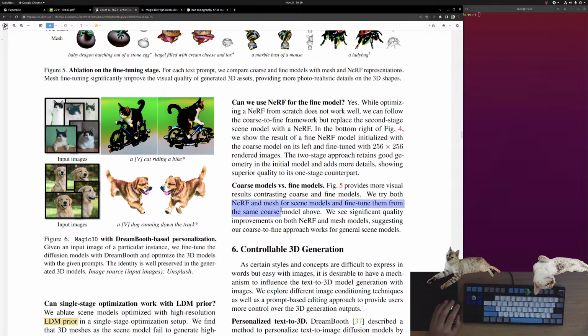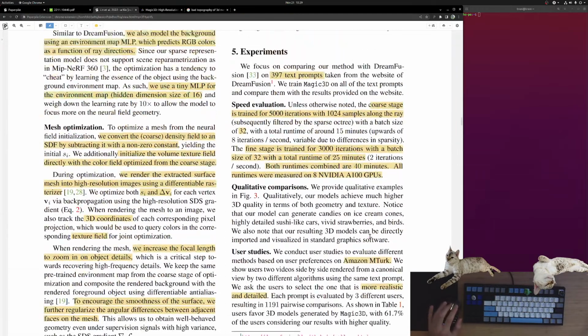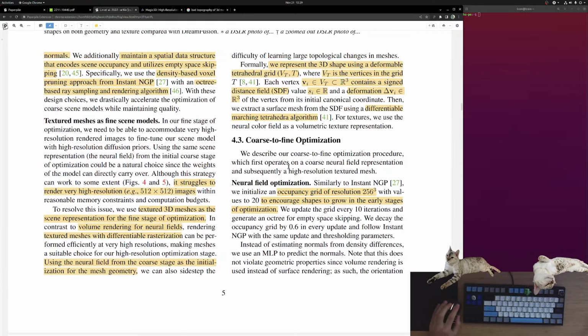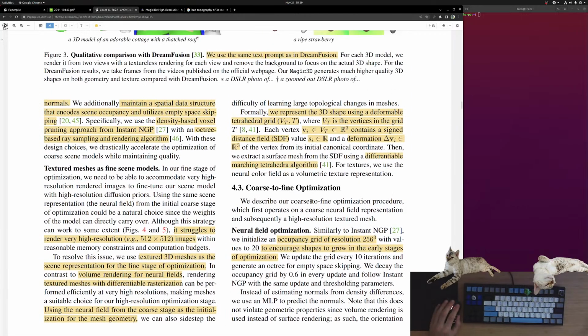Yeah, so Nerf versus mesh, what they're talking about there is basically this part here. This is the actual mesh representation, right?